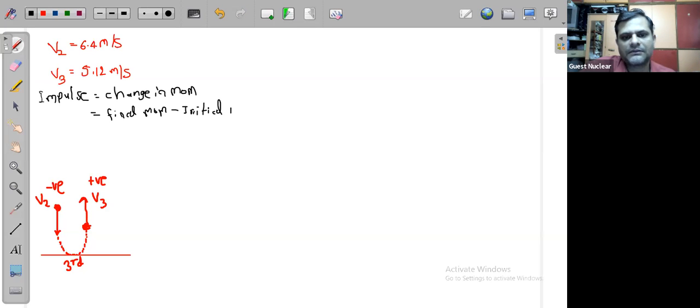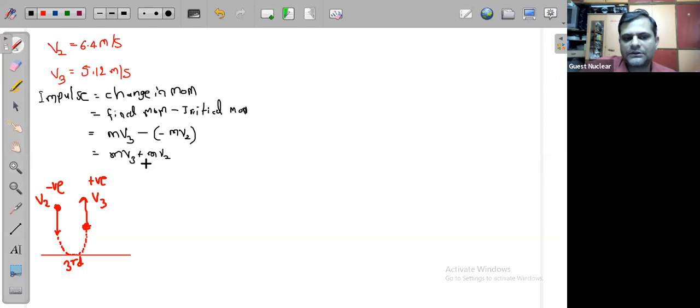Here, the final momentum is the product of mass and v3, because it is after collision. इसलिए mass multiplied by v3 will be the final momentum, minus initial momentum, which is mass multiplied by v2, but don't forget it is negative, so we get minus of m into v2, which after simplification will become m into v3 plus m into v2.